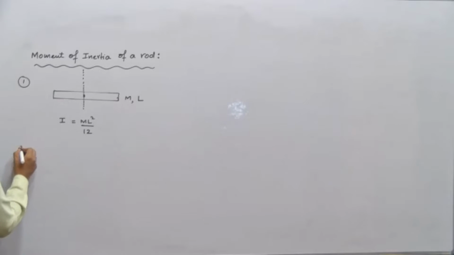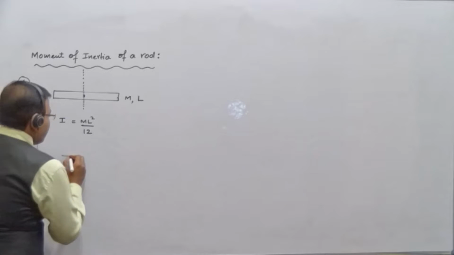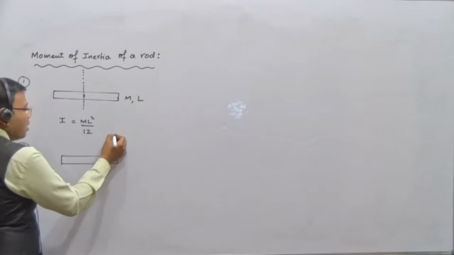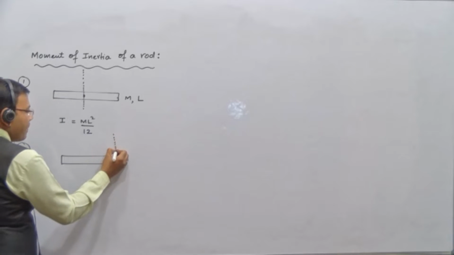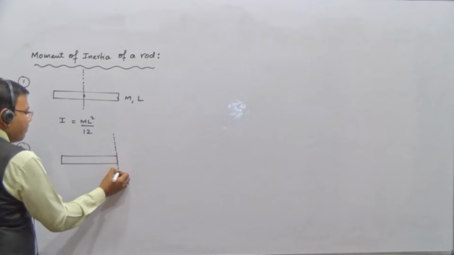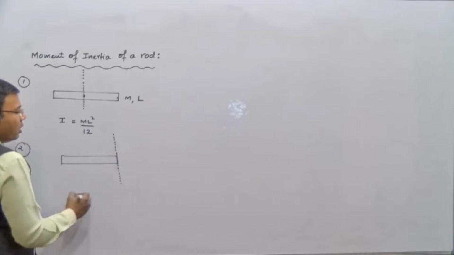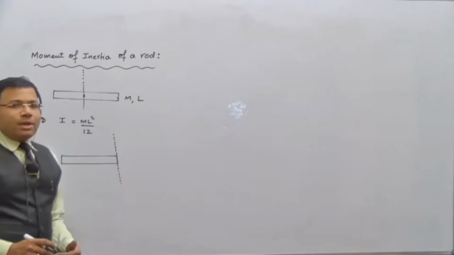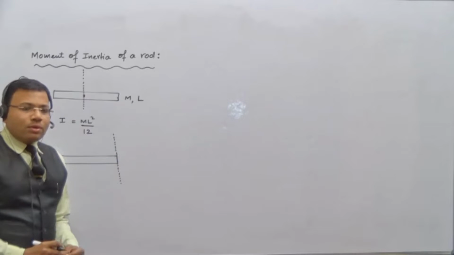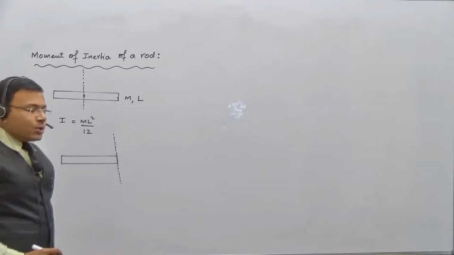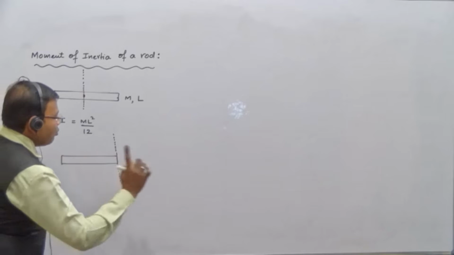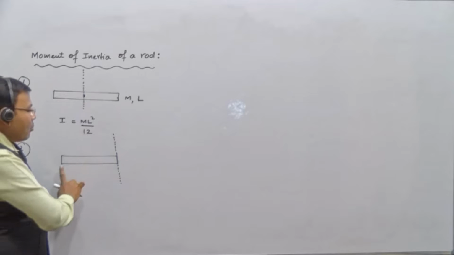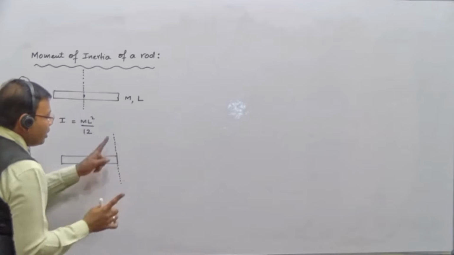The second one, I am calculating the moment of inertia for a rod about an axis which is perpendicular to the length of the rod, but it is not passing through the midpoint, it is passing through one end. It is something like a tangent to the rod, at the corner. So I'm rotating this rod about this axis like this. In the previous situation, I was rotating like this. Now I'm rotating this rod like this about this axis.